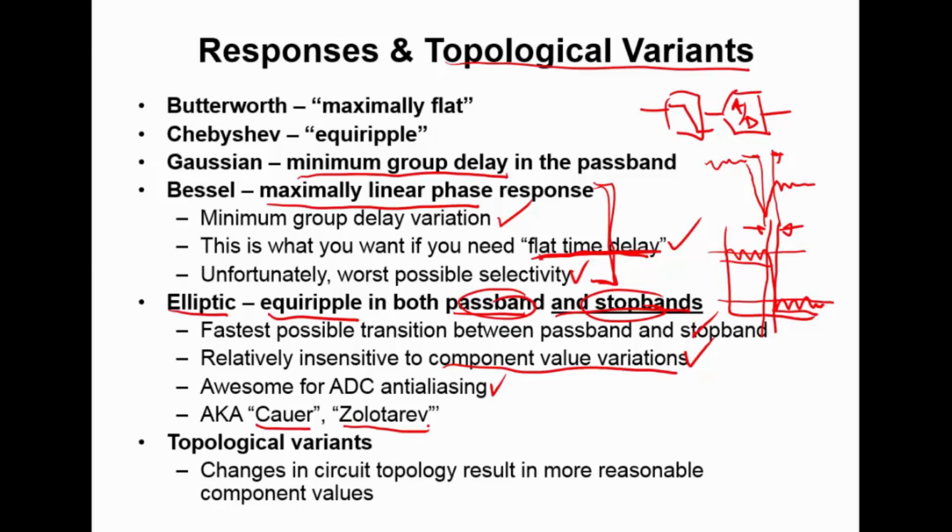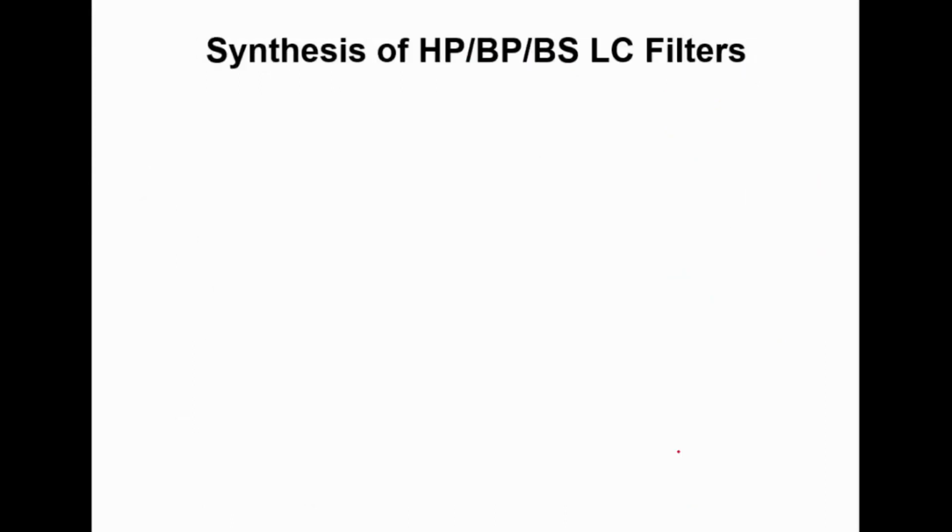I'm simply pointing out that sometimes you can rearrange the way the inductors and capacitors are organized in the netlist to achieve better component values. And this is where filter design engineers really contribute to RF design, as they can normally figure out ways to get a specified response in a filter which might be more compact or have more reasonable component values.